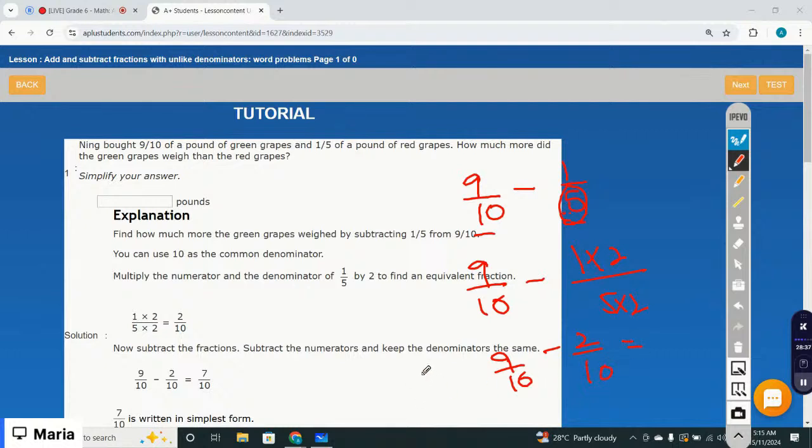Now they have like denominators, you can simply subtract their numerator. 9 minus 2 is 7, that is 7 over 10.